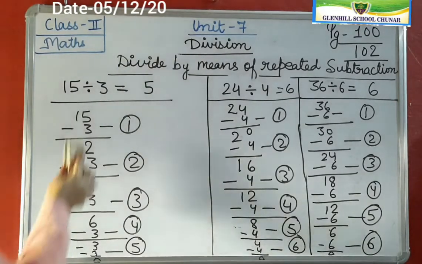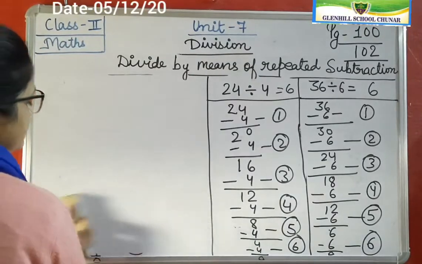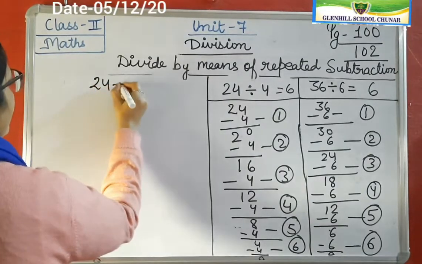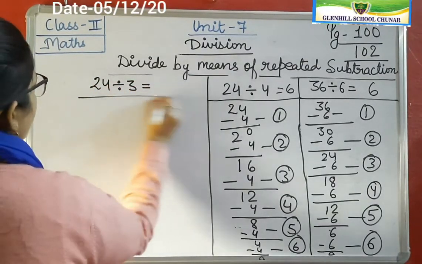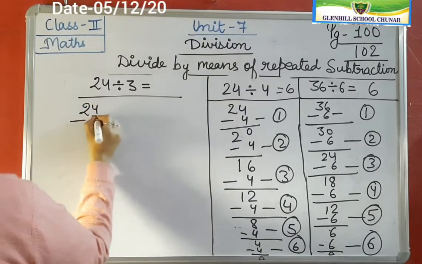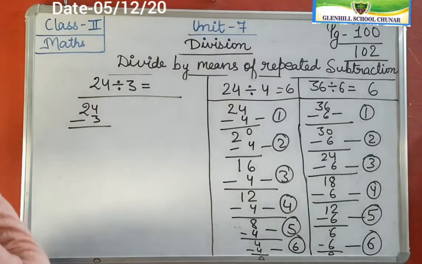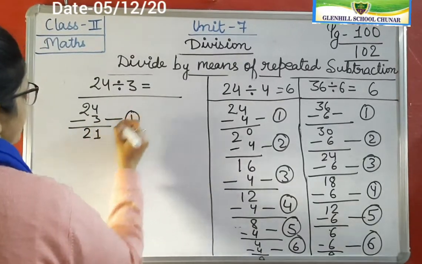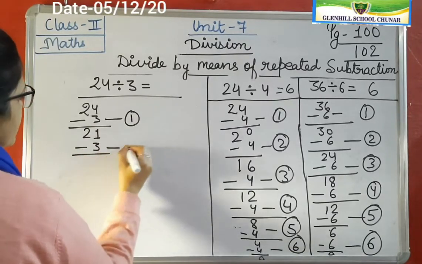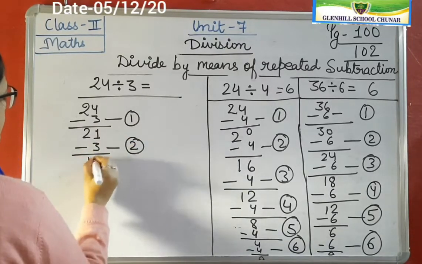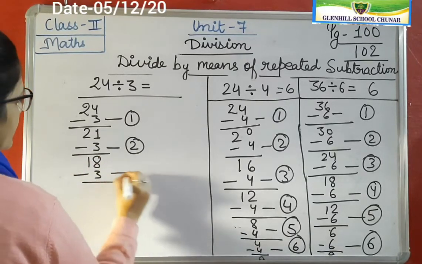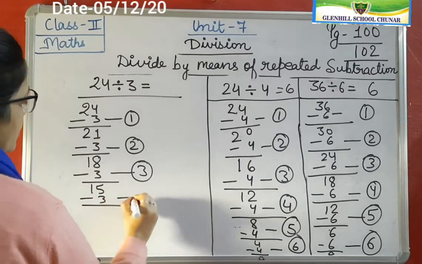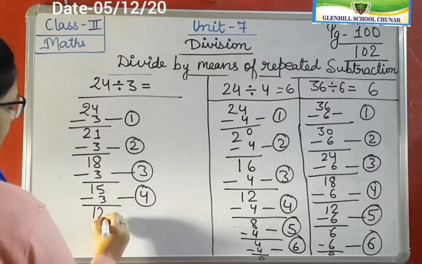See here one more question. 24 divided by 3. So in 24 you have to subtract 3. Here it comes 21, 1 time. Again 3 you subtract, 2 times, here it comes 18. Again 3, 3 times, 15. Again 3, 4 times, 12.